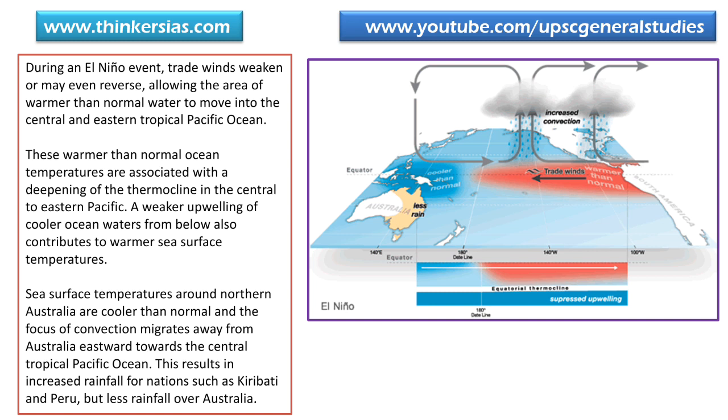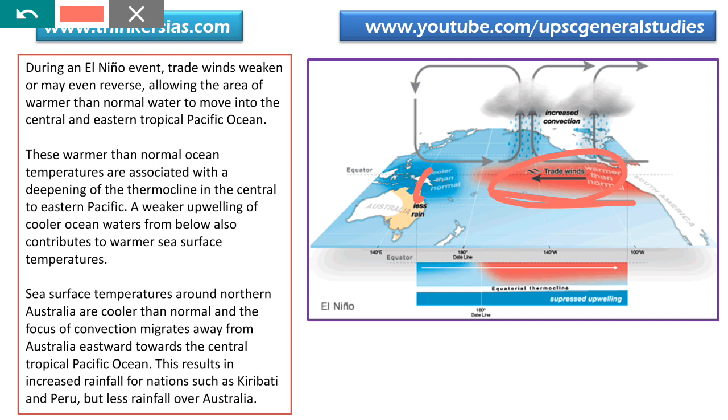During El Nino event, trade winds weaken, as already discussed, or may even reverse, allowing the area of warmer than normal water to move into the central and eastern Pacific Ocean. So warmer water moves towards this rather than here. These warmer than normal ocean temperatures are associated with a deepening of the thermocline in the central and eastern Pacific.